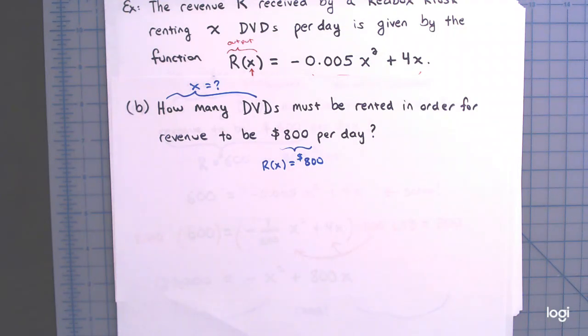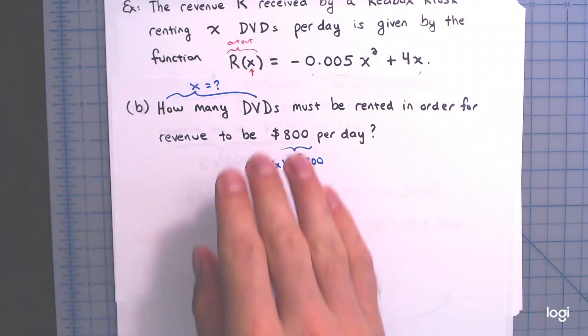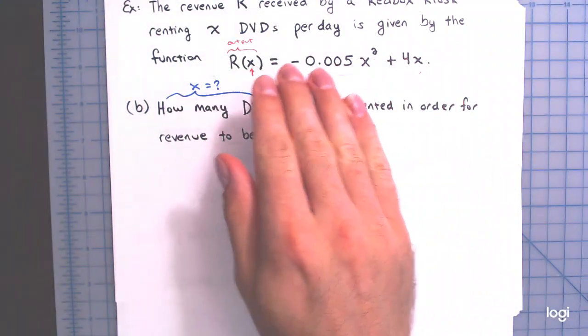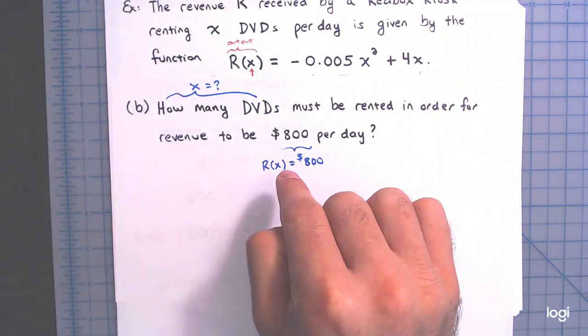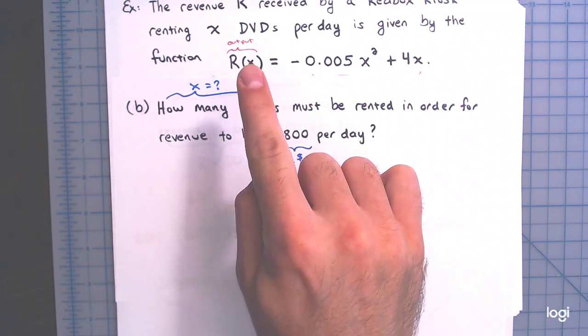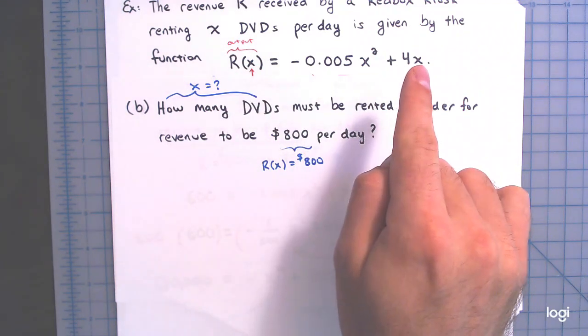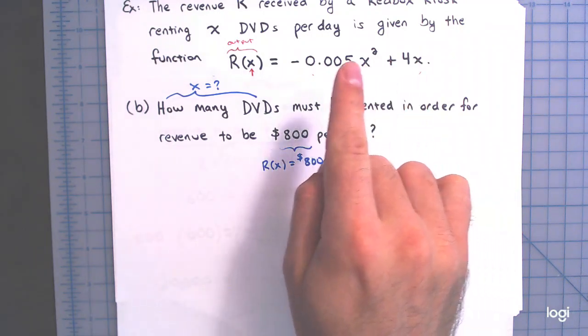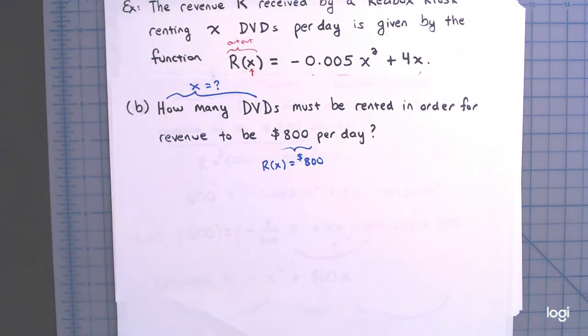instead of $600. Alright, so we go back into our function here, our equation up top. R of X, so the revenue, the output, is 800, so that'll be this side. And then, X I don't know, so the other side, how the output is calculated, will not change.